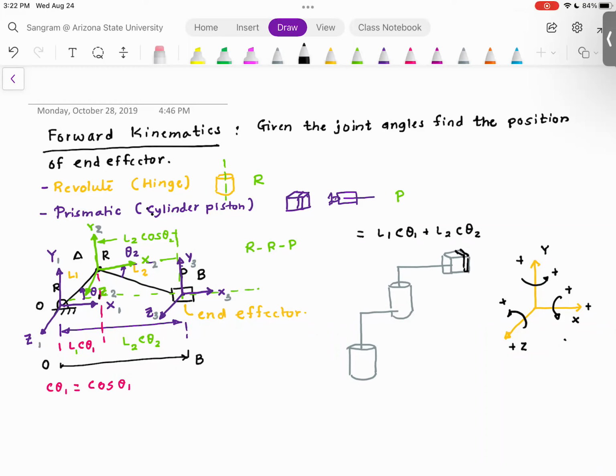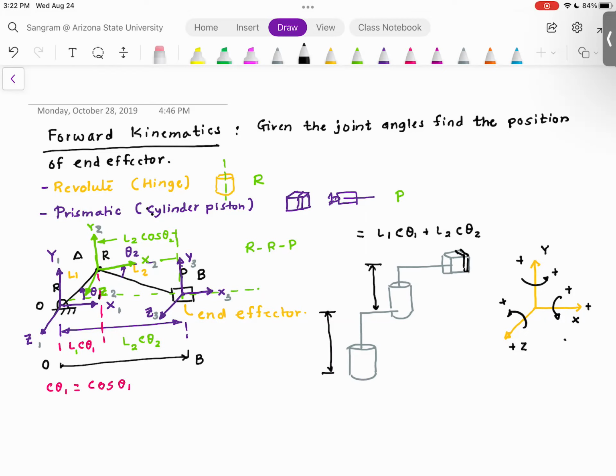However, if you were to flip it or look from the top, you will realize that what I have drawn here resembles what I have here, except I don't have this dimension. Are you with me so far? That robot is a variant of a SCARA robot.